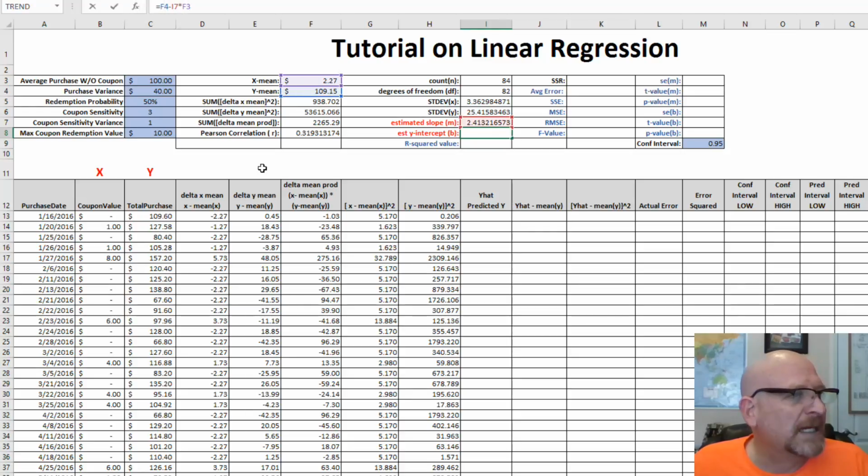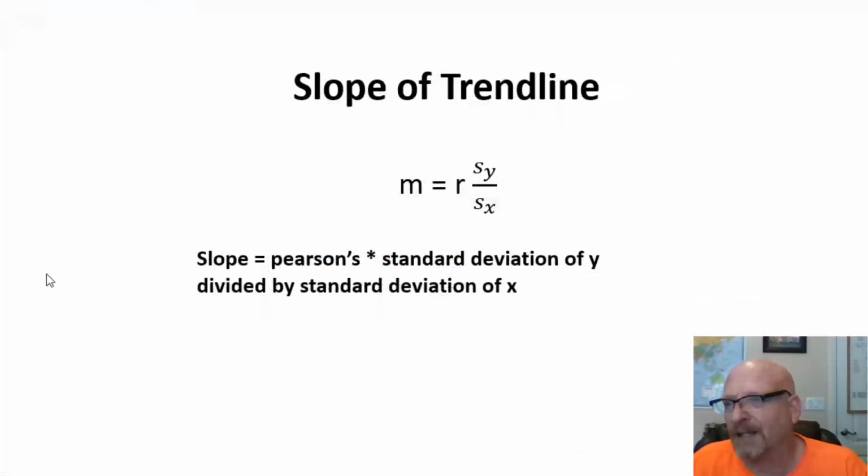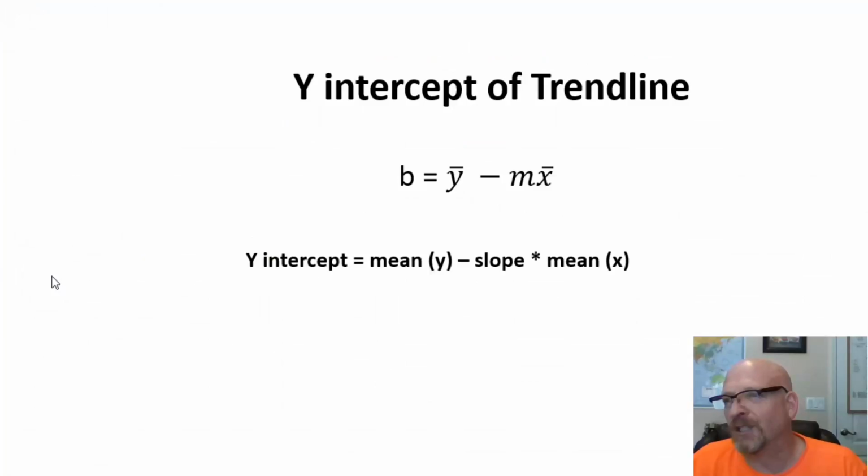Let's look at the y-intercept. Well, this is dependent on the F4, which is the y mean, minus I7, which is the slope. All right, so to calculate the y-intercept, let's go back here. It's real easy.